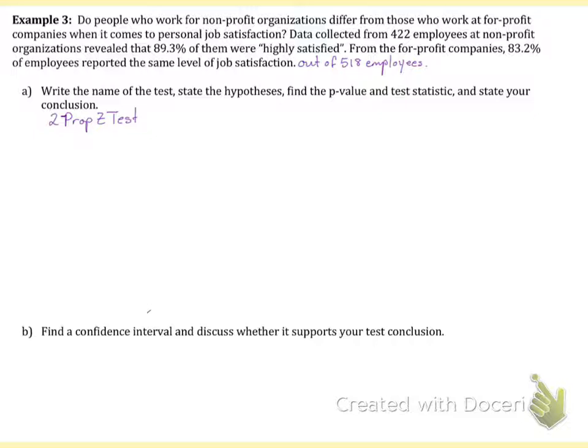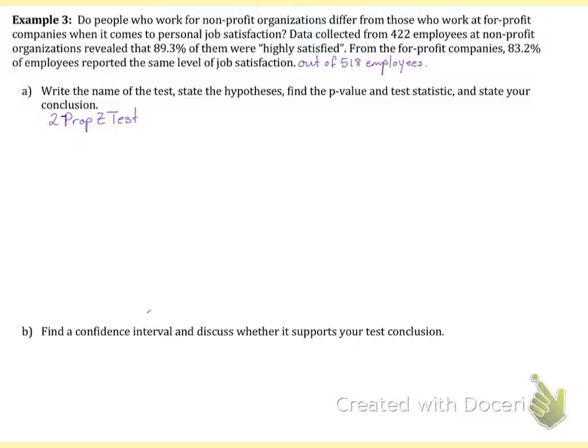We also need to check the 10% condition for both, and since we have millions of people in this country, I'm going to assume that 422 is less than 10% of the number of people who work for nonprofit companies, and that 518 is far less than 10% of people who work for for-profit companies. And then finally, we want to talk about the success-failure condition for each of these.